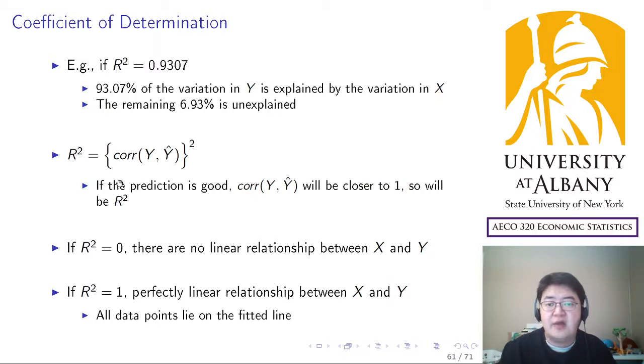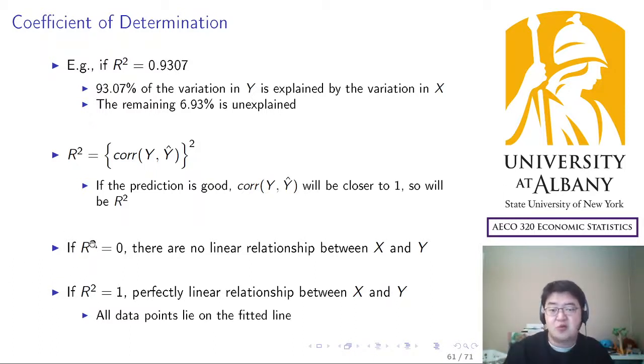In an extreme case, if r square is 0, that means there is no linear relationship, and the regression line is flat, so there is no variation in fitted values. You say the same number for anyone. If I ask you to predict the hourly wage of a person, and no matter who they are you always say like $40,000, you are not explaining anything.